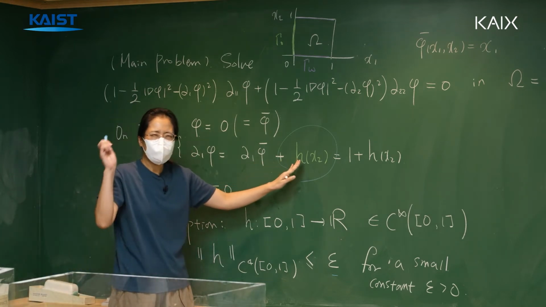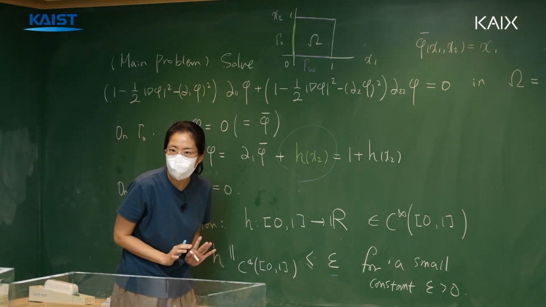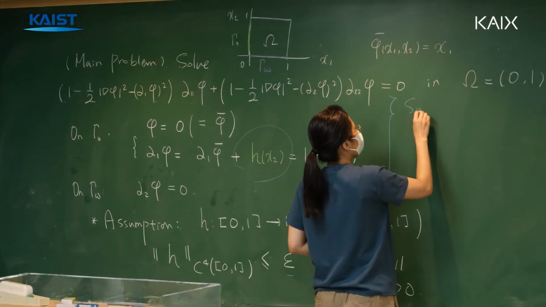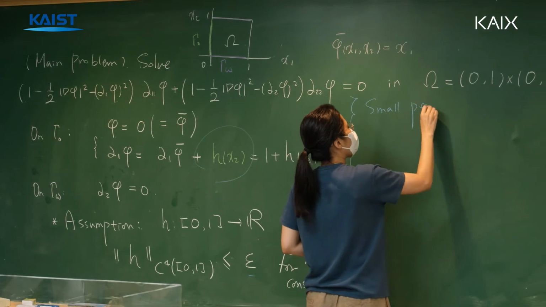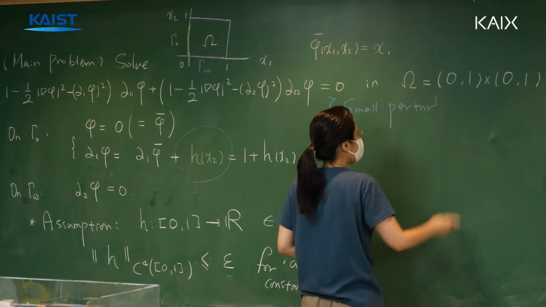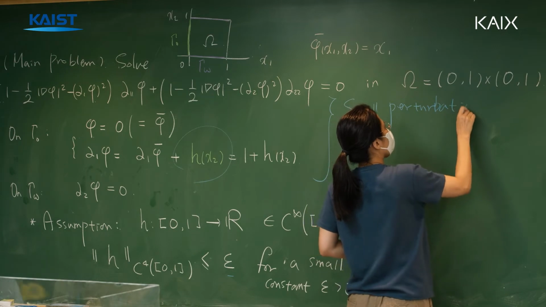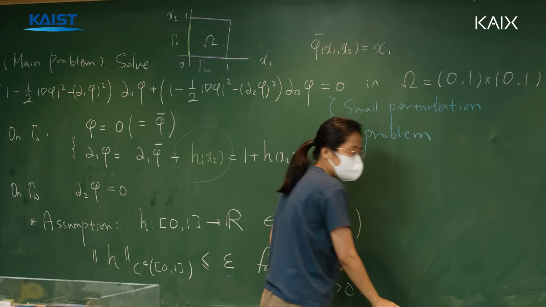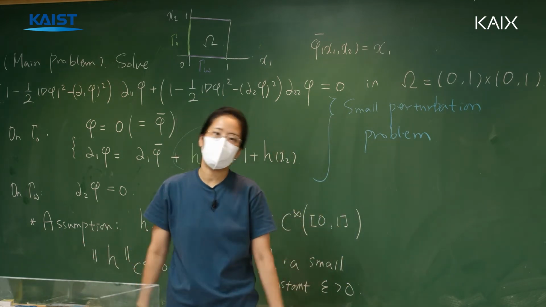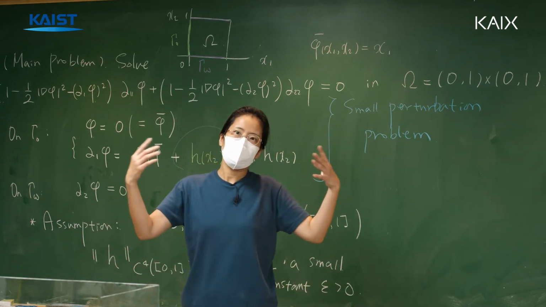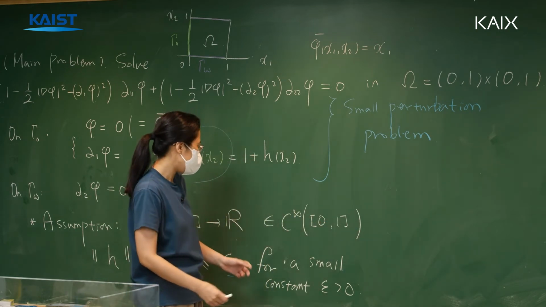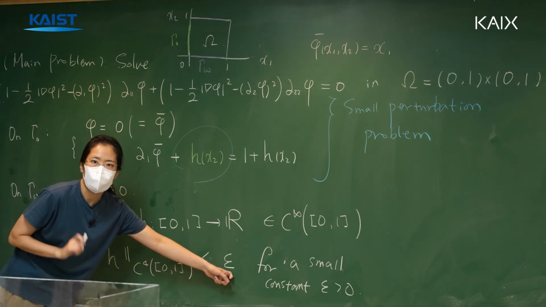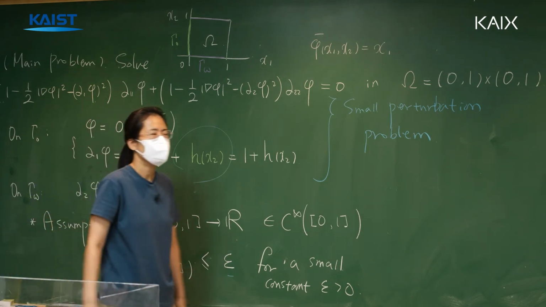And then we are simply adding a really minor perturbation on the boundary condition, right? So this is called a small perturbation problem. Whenever you study nonlinear PDE, you always start with a small perturbation problem. And once you can solve the small perturbation problem, then you try to remove this assumption of the smallness of the perturbation, and then you move forward, okay?